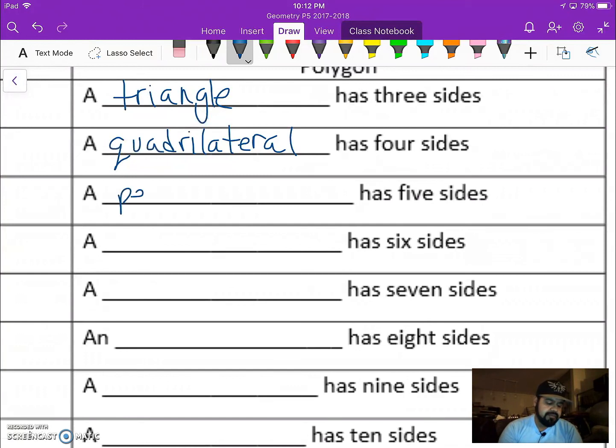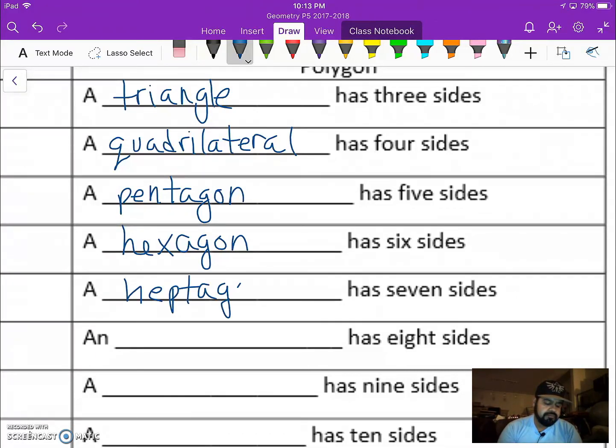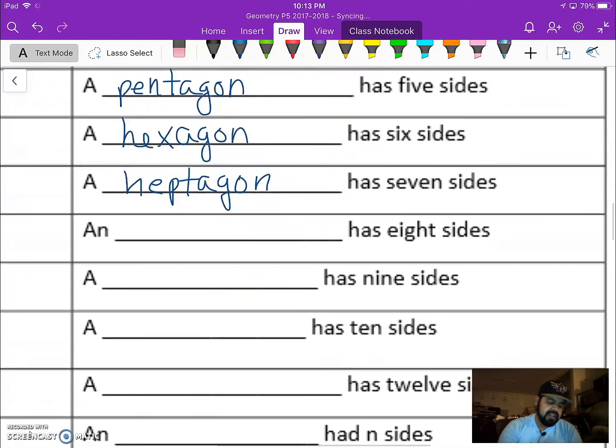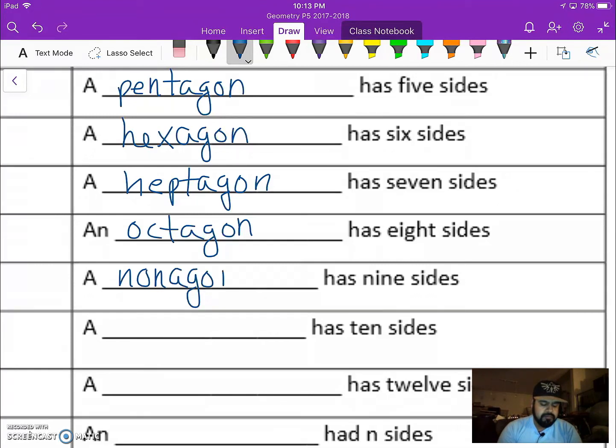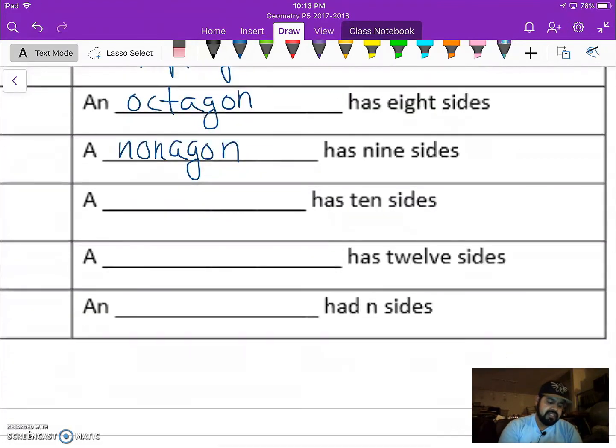Then we go into a pentagon, and then 6 sides, hexagon, 7 sides, heptagon, 8 sides, octagon, 9 sides, nonagon, 10 sides, decagon, and then our 12-sided figure, dodecagon.